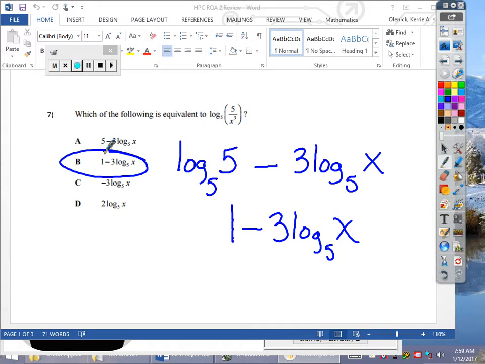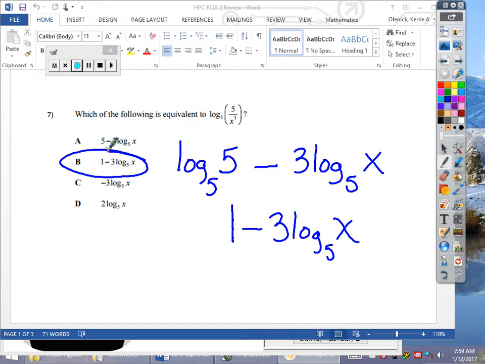So that is the best answer. Yeah, that is the only answer. Sorry, because this one, log 5 of 5 is not 5. Okay, good? Everyone okay with that? Question in the back. I'm sorry. Why wasn't it A?